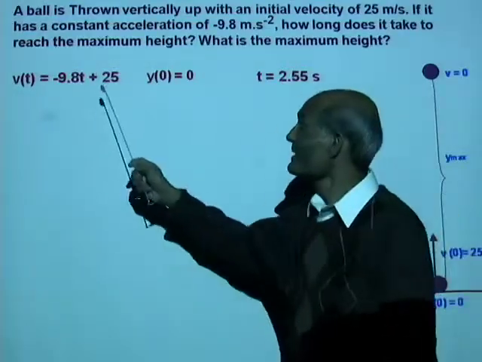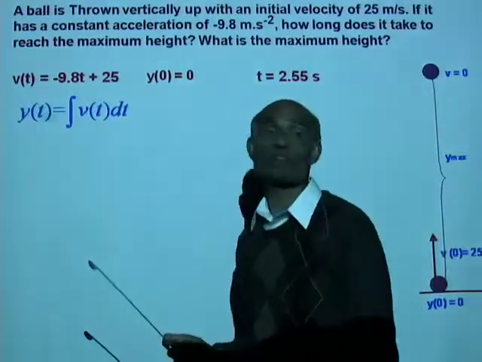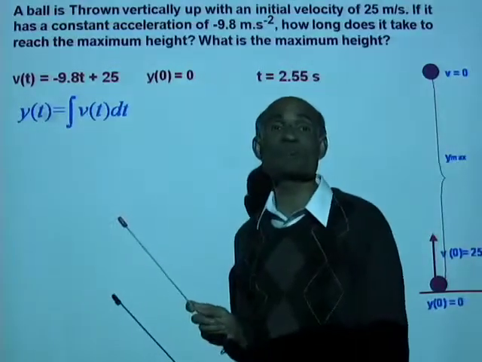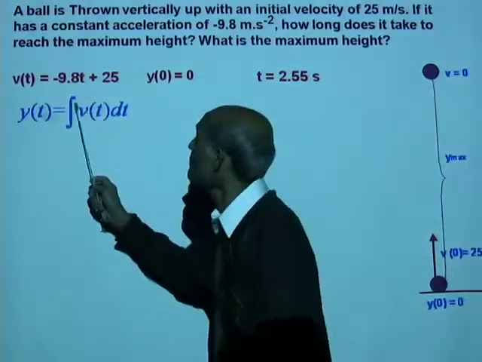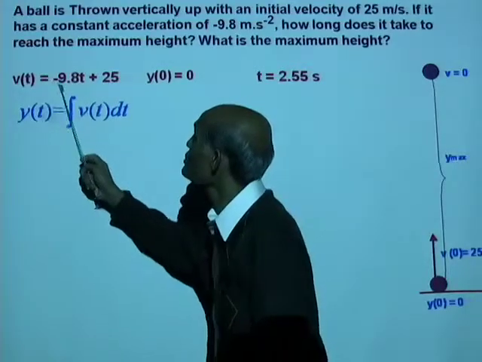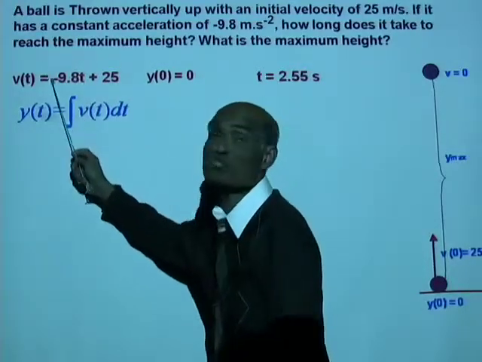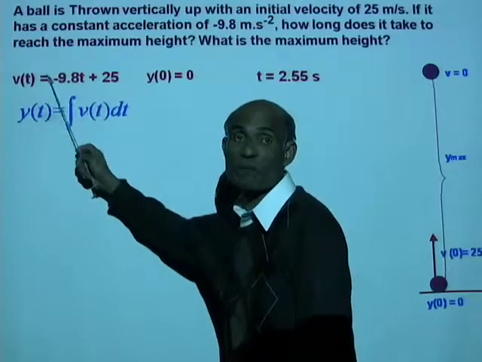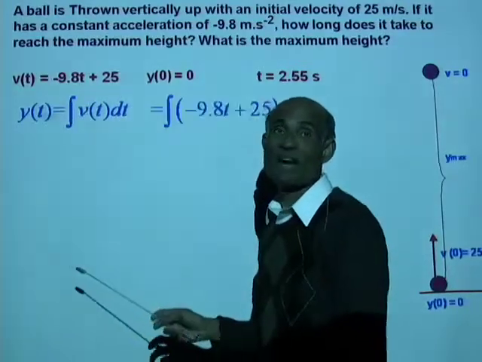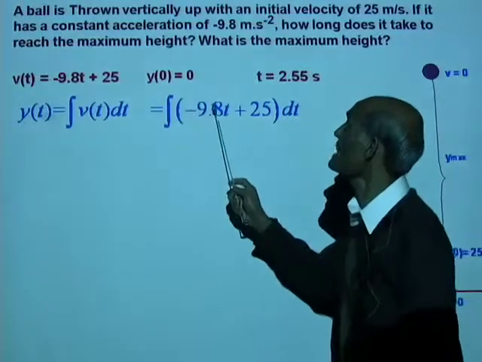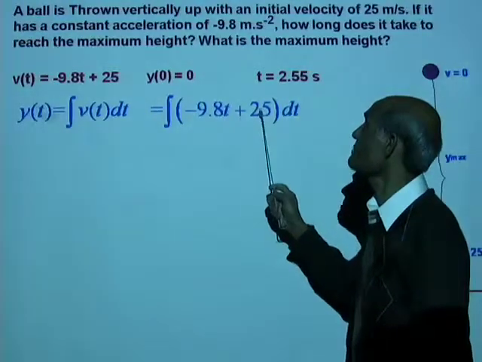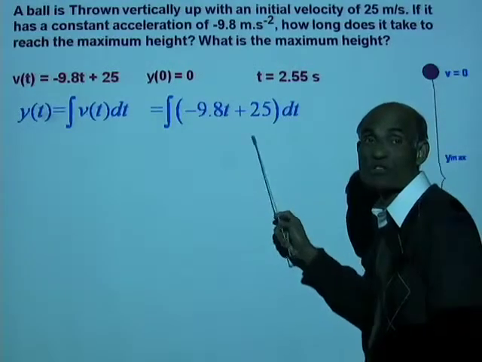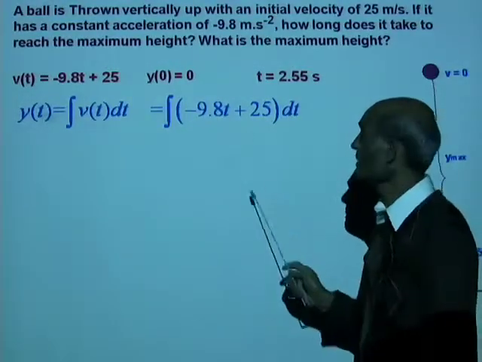How? Integrate the velocity function. Y of t is the integral of v of t dt, and v of t is negative 9.8 t plus 25. So we replace v of t by this. That will be the integral of negative 9.8 t plus 25 dt. Here we need to integrate each term.